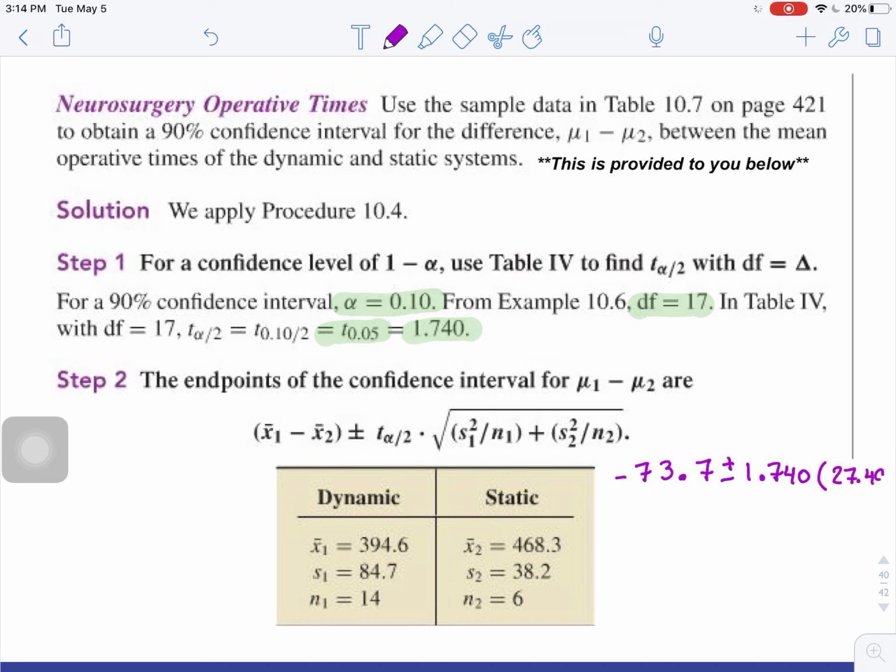That's that 27.49. That right there is going to be on slide 36. So again, if you go back to slide 36, you'll see where we got that number from. And then we just go ahead and we calculate, and we come up with a range here.